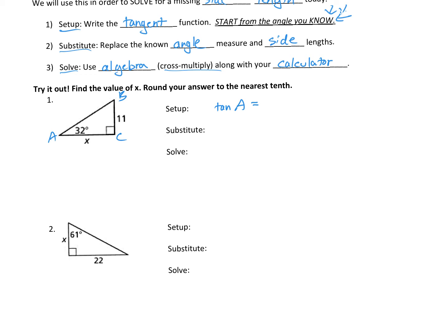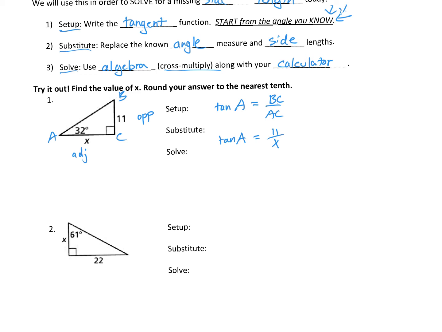This is our opposite here. I'm going to write this opposite, and this is adjacent. Our opposite, which is 11, over x. Or we can say opposite over our adjacent, which is BC over AC. So tangent of A is 11 over x.